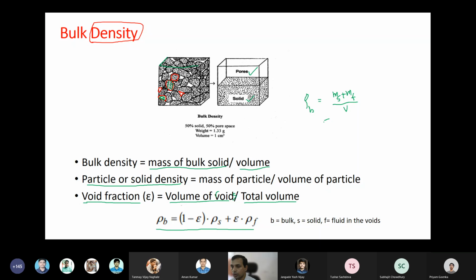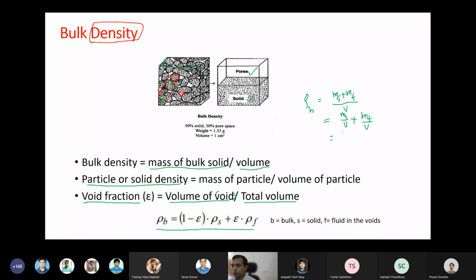So mass of solid by total volume, plus mass of fluid in the void spaces by the total volume. Right?